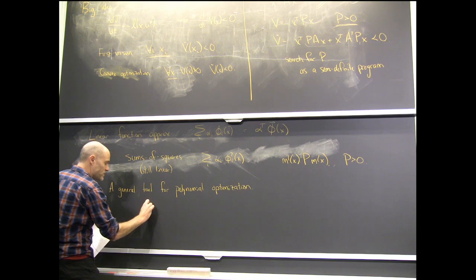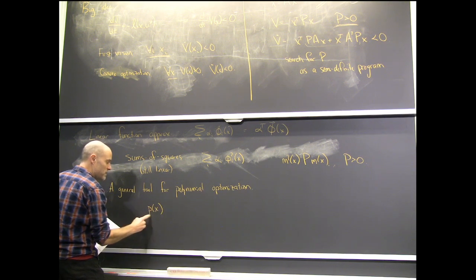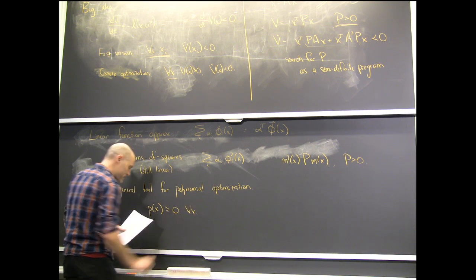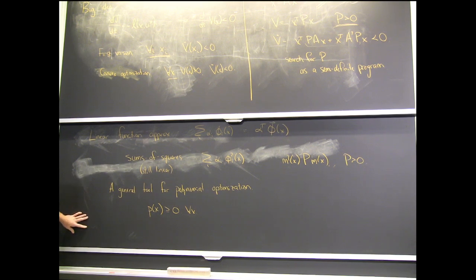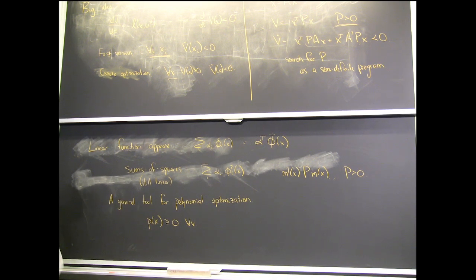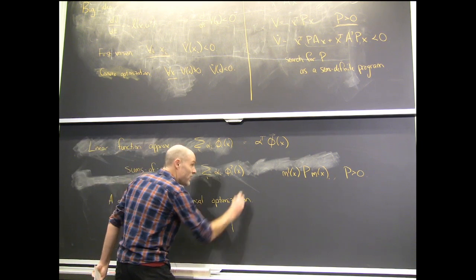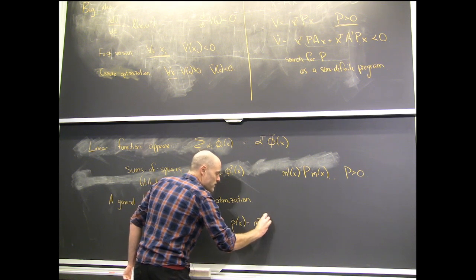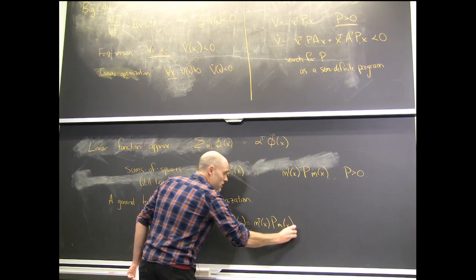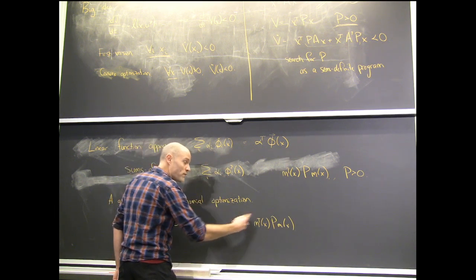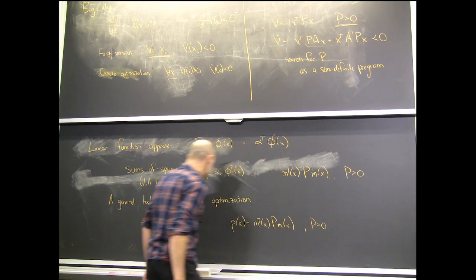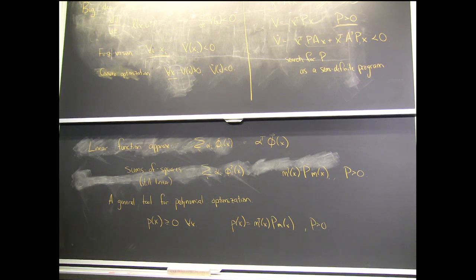The immediate tool is, if I want to say that p of x, a polynomial, is greater than or equal to 0 for all x, then I can write that in this form: p of x equals m transpose P m. And then, remember, I can do coefficient matching and write that as an optimization problem. Hand it to a convex optimization solver.